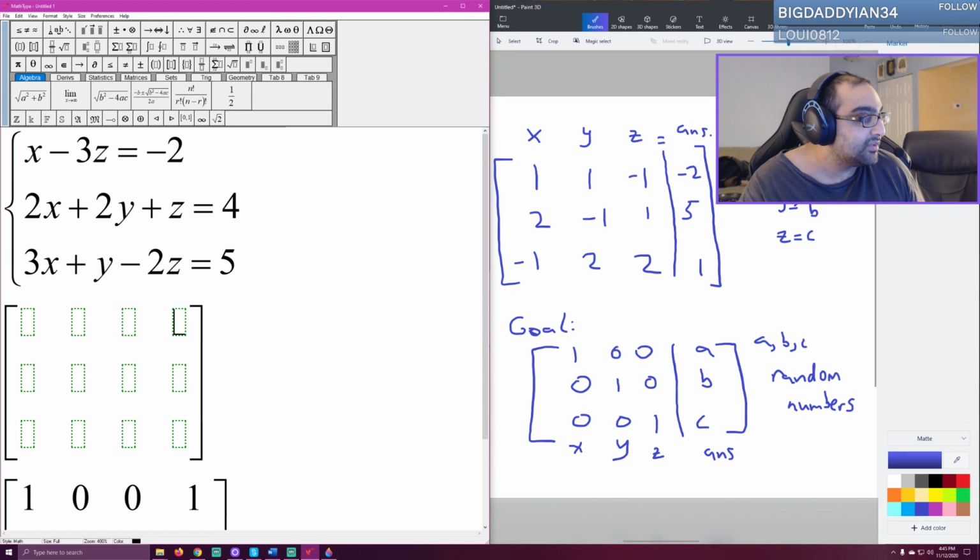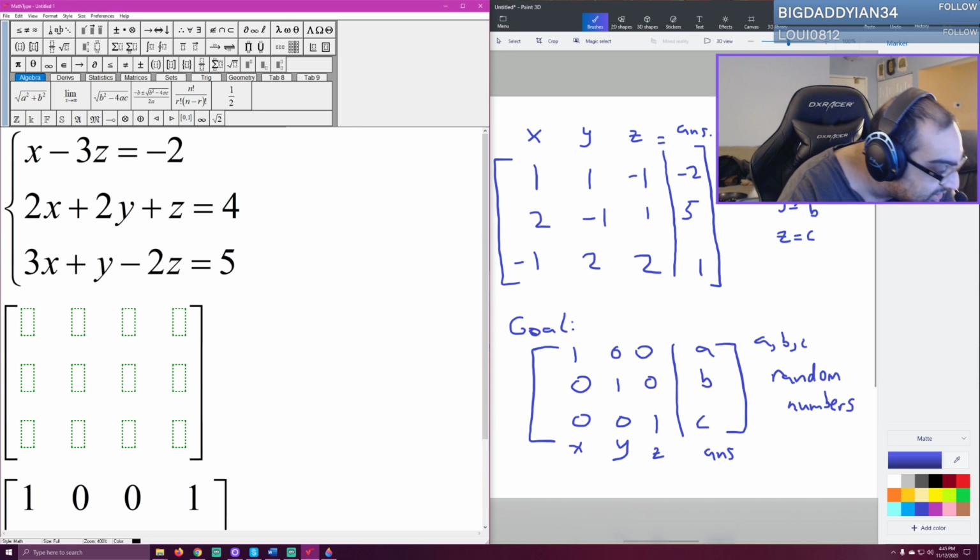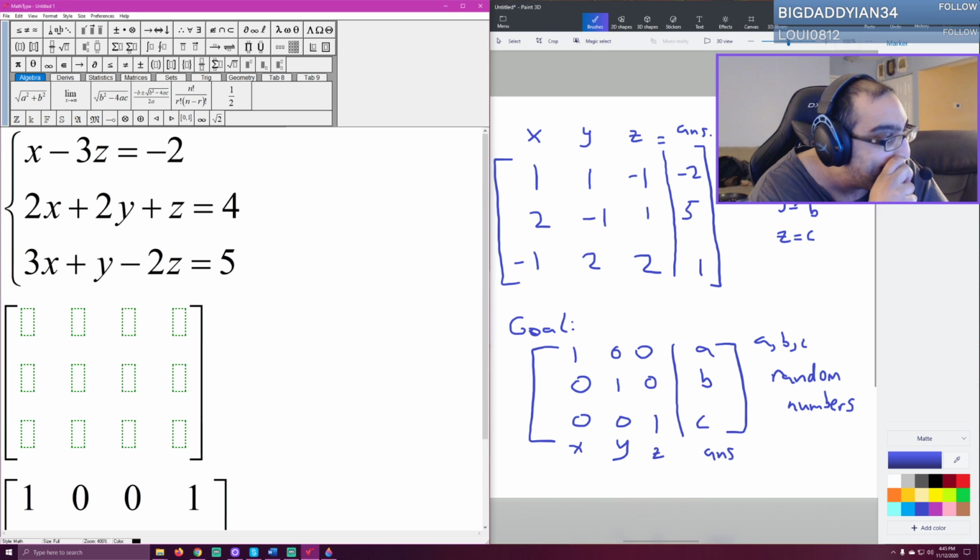So here we have x minus 3z equals minus 2. 2x plus 2y plus z equals 4. And 3x plus y minus 2z is equal to 5.